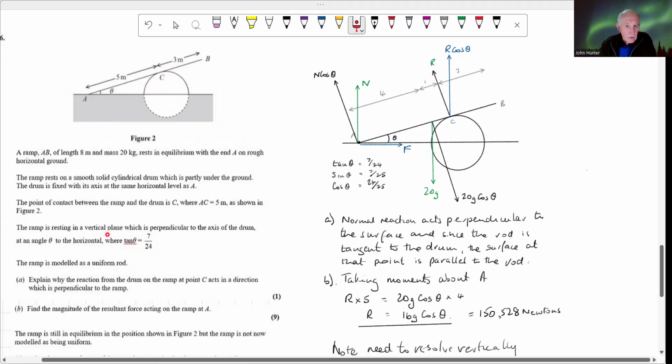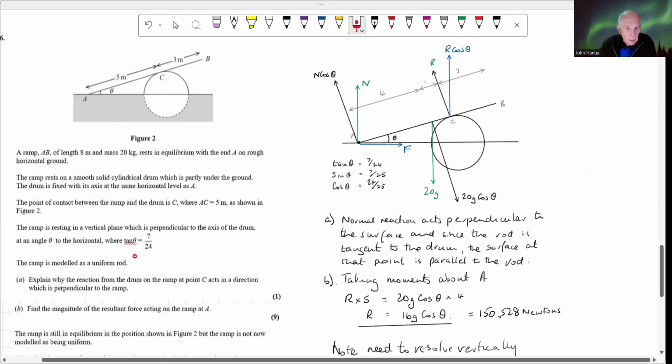The ramp is resting in a vertical plane, which is perpendicular to the axis of the drum. That just means that the ramp isn't pointing away or towards us, it's all in the plane of the paper. And tan theta, the angle that the ramp makes to the ground, is 7/24.